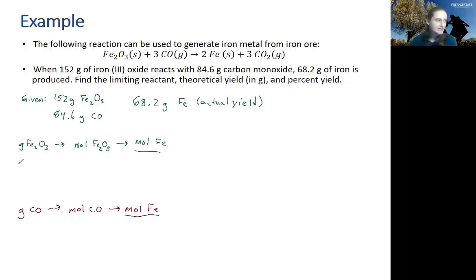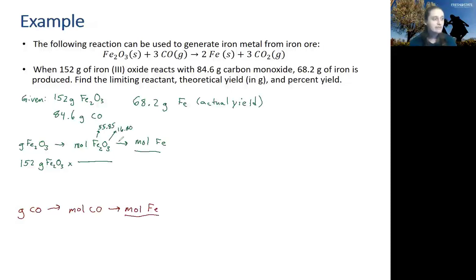So I'm going to go ahead and start plugging in my numbers. I have 152 grams of iron oxide, and I'm going to convert that into moles using the molar mass. Using a periodic table, I find that the mass of an iron atom is 55.85 grams per mole. The mass of an oxygen is 16 grams per mole.